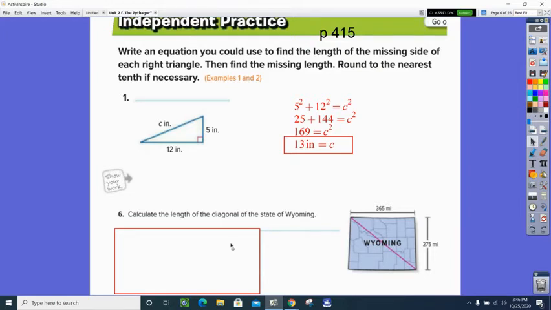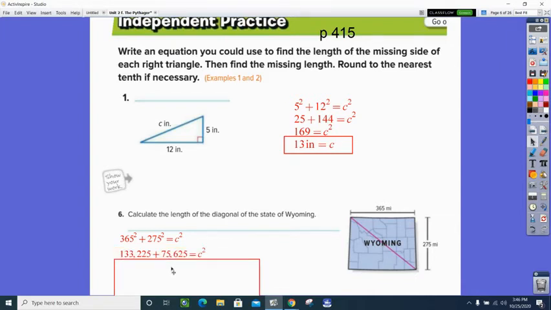Okay, let's see how you did. Did you take 365 to the second power plus 275 to the second power, and that will equal that diagonal to the second power? We're now going to pick up our calculator. 365 to the second power is a whoppingly huge 133,225. 275 to the second power is 75,625.